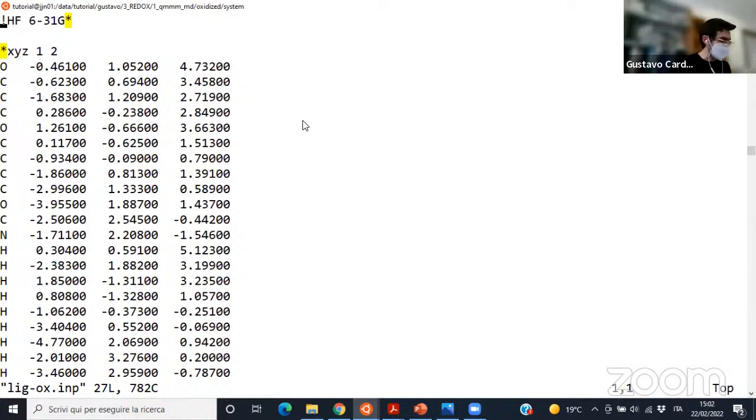Now, there is a question in the YouTube channel which regards how many cores I use per calculation. In this case, the default is just one core, so we are not setting any cores here, just a single core. The number of cores, of course, depends on the resources you have, the size of your system, and the computational cost. So it really depends a lot on what you have to do.